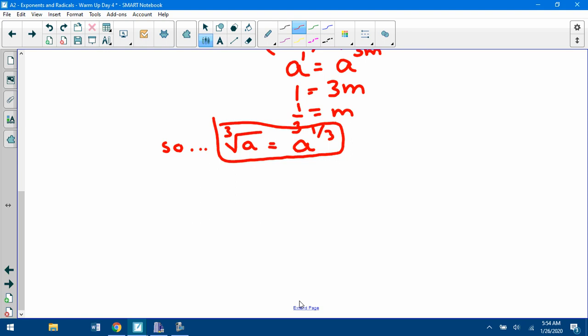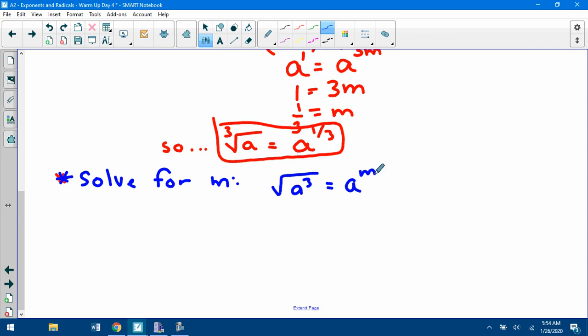Let's do one more, and then we'll summarize. One more solve for m. This time I want to do the square root of a cubed equals a to the m. I just saw that the square root was the 1/2 power, but how's that cube going to affect it? Get rid of the square root, so square both sides.